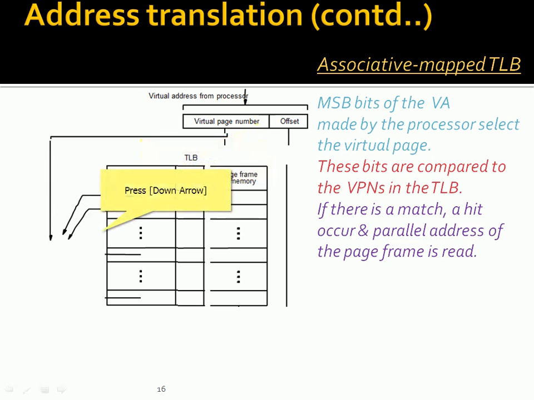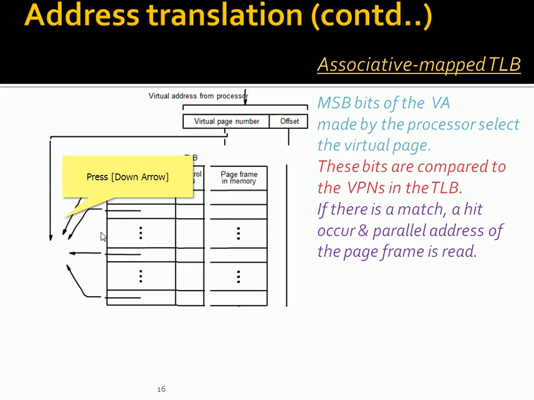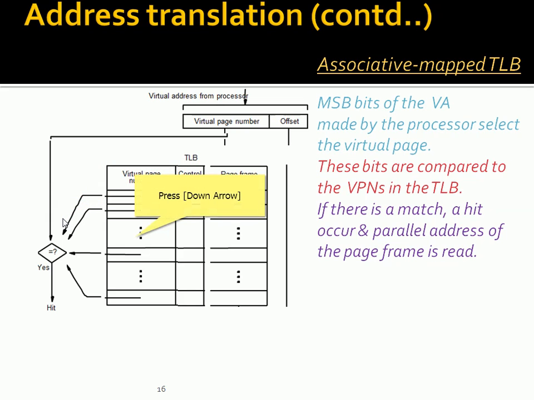The virtual page number coming from the processor is compared with the virtual page numbers available in the TLB. If both are equal, then we say hit. In other words, the page which is right now available in the main memory is indicated by this hit result.